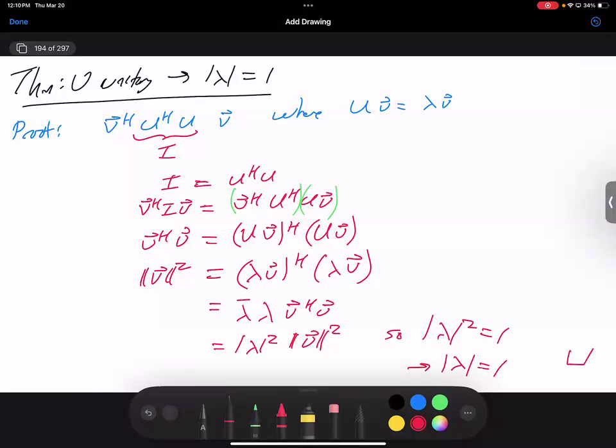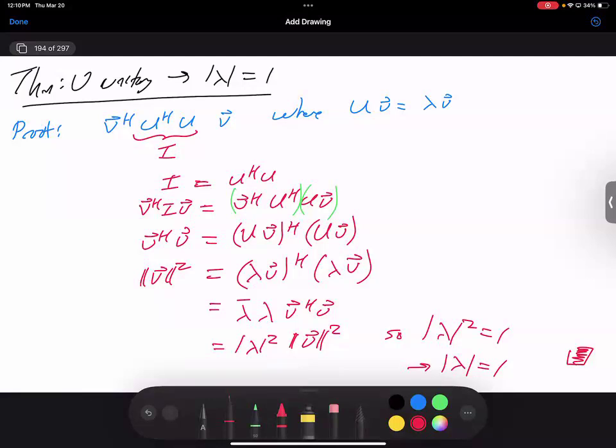And so this is the proof that unitary matrices have eigenvalues of absolute value 1. Can I do this proof for orthogonal matrices? Can I replace U with Q, if I keep the Hermitian?